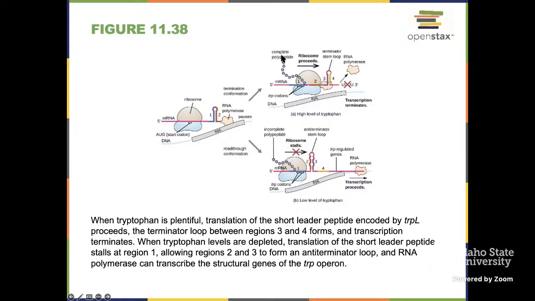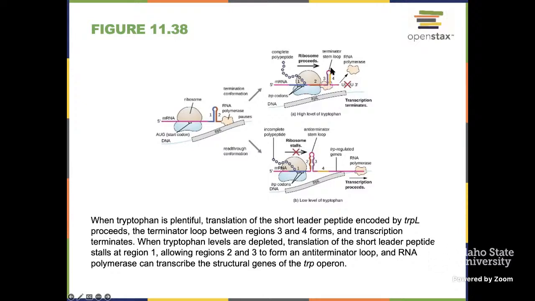You see a complete polypeptide and ribosome proceeding. I think this needs to be down here, right? The complete polypeptide and ribosome proceeding needs to be down here, and the incomplete one where the ribosome stalls needs to be up above. We can't make it here.